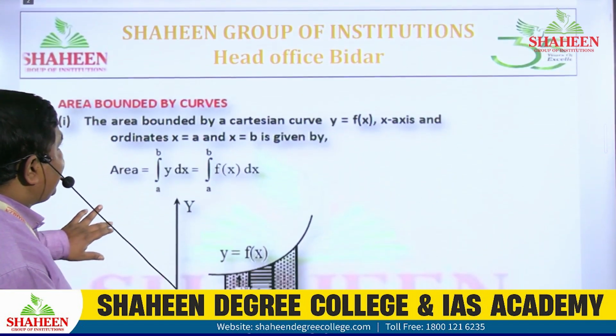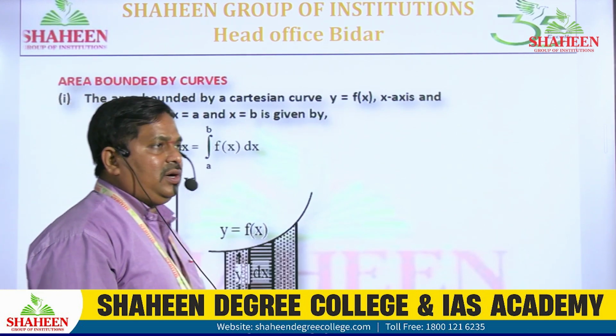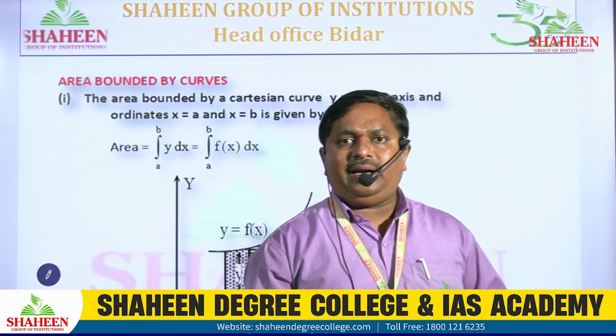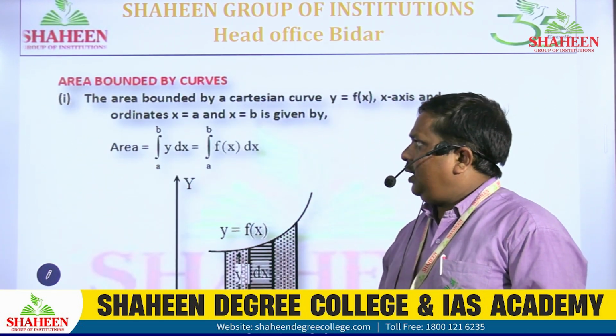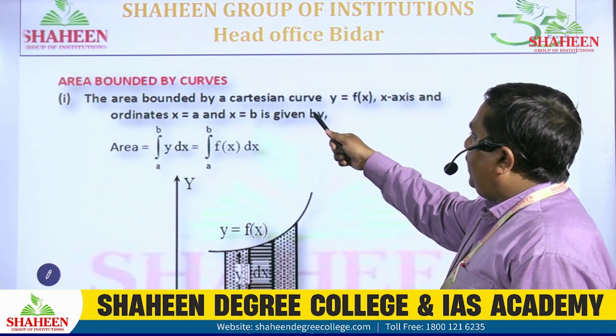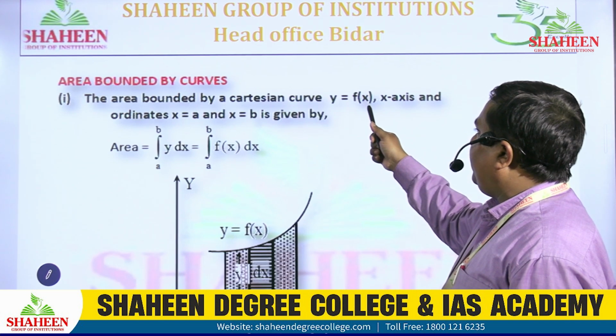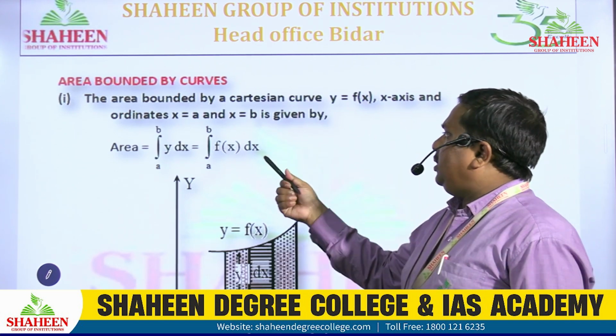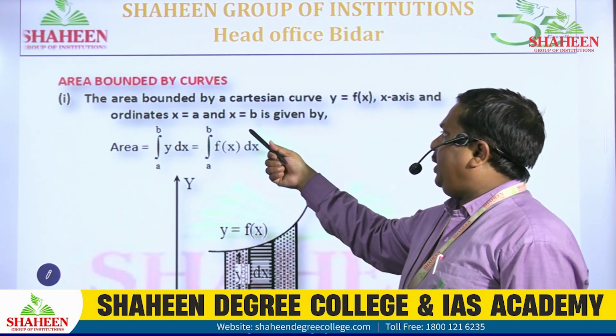Now we are discussing the different types of curves and how to find their areas. First, the area bounded by the curve y equal to f of x, the x-axis, and the ordinates x equal to a and x equal to b.